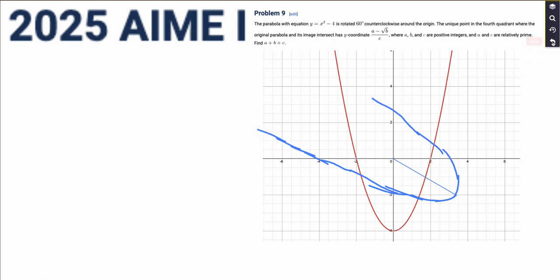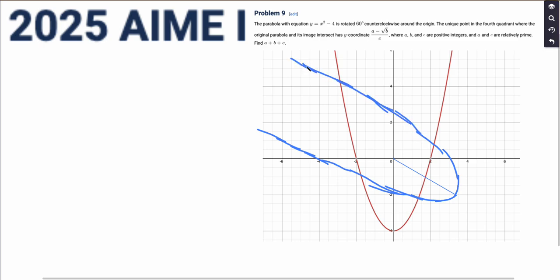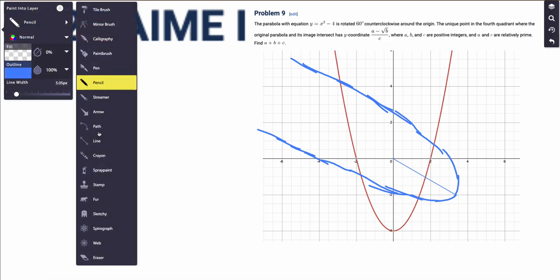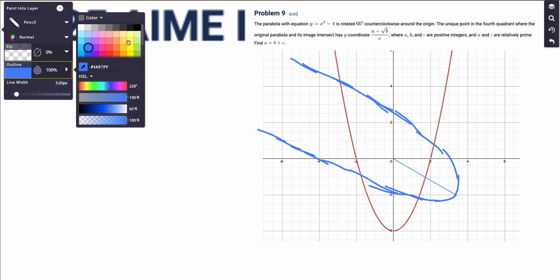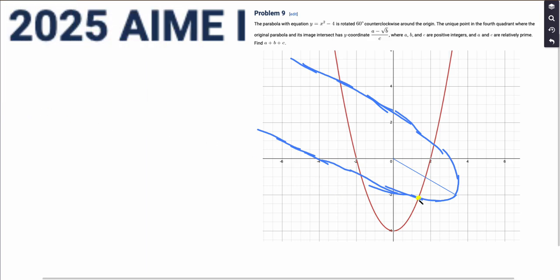So this is obviously not to scale, but looking at it now, it's obvious that these two parabolas intersect right here in the fourth quadrant. And so we want to find the y coordinate of this intersection point.